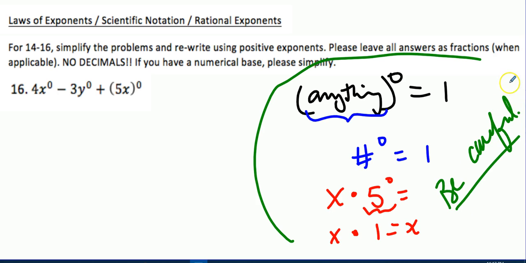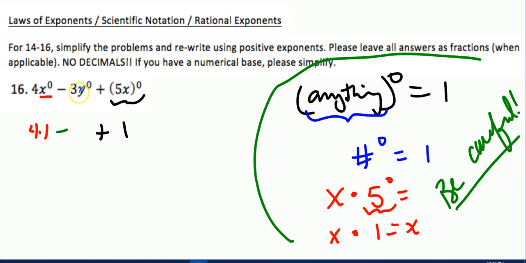You're right if you're thinking that something to the 0 power is 1. Let's take a look. This term is 1. Everything is in the parentheses. That value is a 1, positive 1. This x to the 0 is 1. But the 4 is multiplying it, so this is 4 times 1.